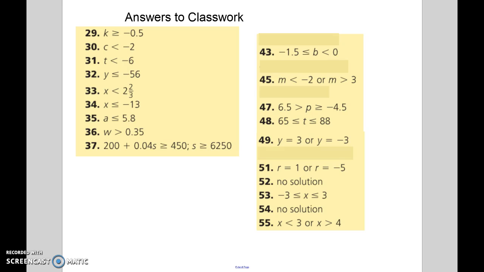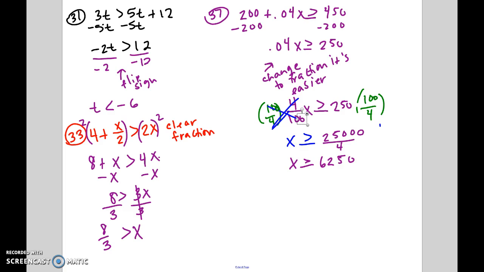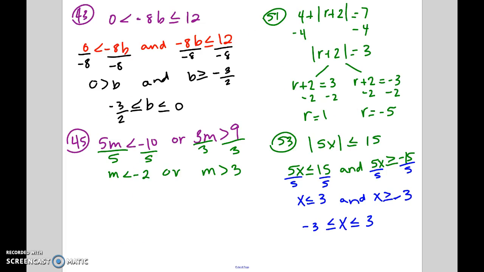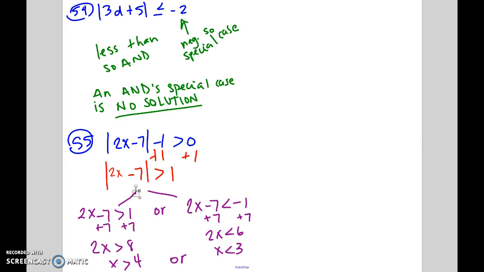And now I'm going to scroll through the worked out. Check your answers, look at the worked out, and make sure you understand how to do those problems.